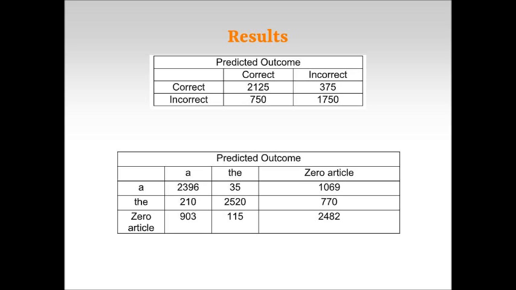If you look at the first row here, this experiment had almost 10,000 records, almost equally split between the 3 classes, so you can expect about 3,500 rows in each outcome. So 2,396 of the features which expected A were also predicted as A. And the majority of misclassification has happened at the 0 article, where for a feature that expected another article, the machine learning system said it should be a 0 article. And similarly for the other cases here.